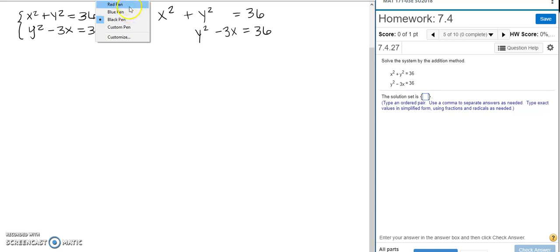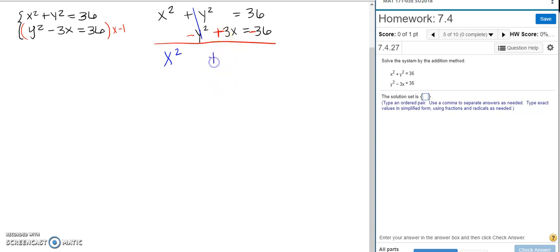So I'm going to multiply my second equation by -1 so that the signs are the opposite. Okay? So that actually makes it a negative y squared, a positive 3x, and a negative 36. So bringing everything down, I get x squared, y squared minus y squared, I've canceled out, a positive 3x, and it equals 0. So that's kind of interesting. 36 minus 36 equals 0.